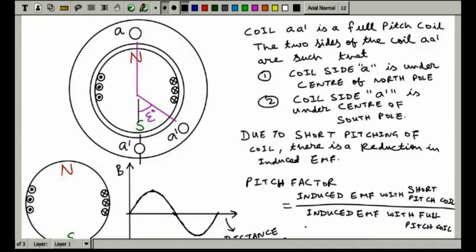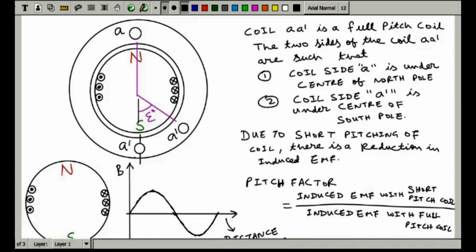So pitch factor is a number, because you can see it's a ratio of EMF, so there is no dimension. Pitch factor will give you an idea about the reduction in the induced EMF in a coil due to short pitching. You can take this figure as the reference.